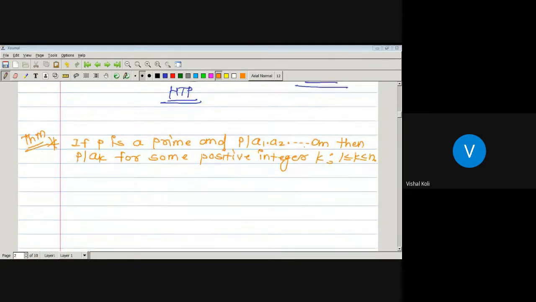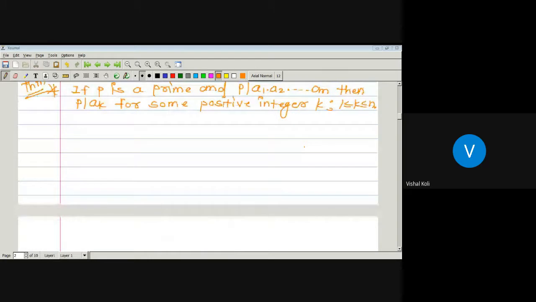Okay, so now we will use mathematical induction to prove this result. So let us see the proof. Given that P is a prime and it divides the product of these n integers A1, A2 up to AN.